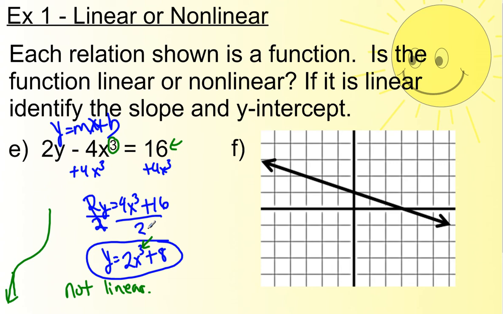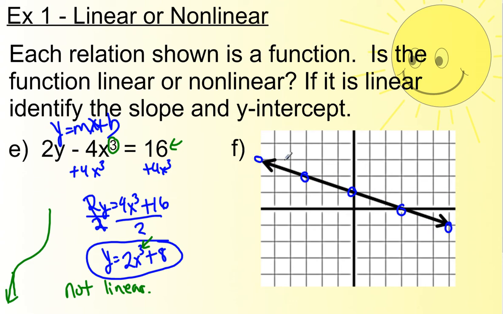Okay, letter F. Is it linear or nonlinear? Well, looking at it, it looks very linear to me because it looks like a straight line. If we do some counting boxes to find slope, we've got point, point, point, point, and I'd assume a point there.